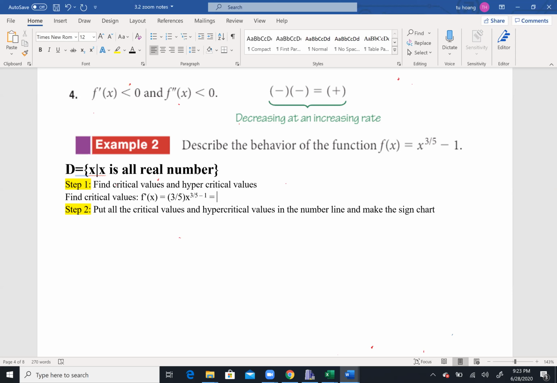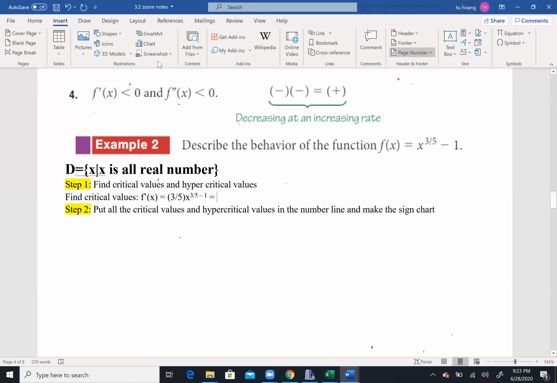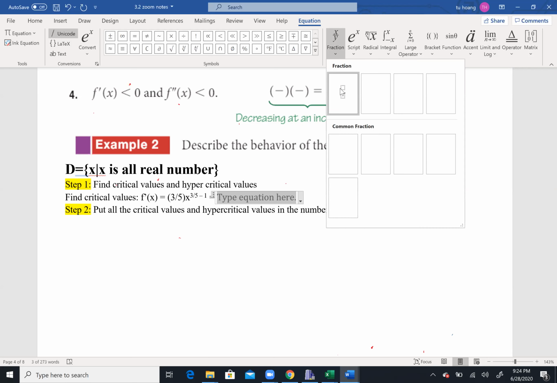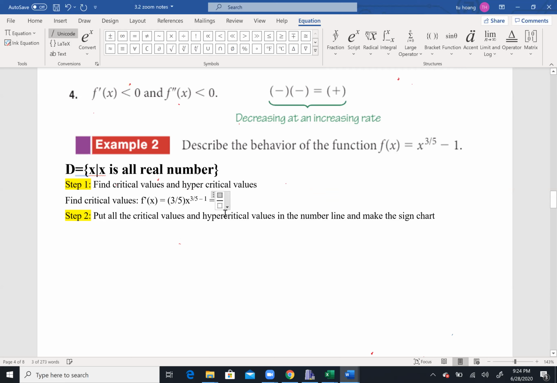So for this, you will have a fraction 3/5 times x to the power 3/5 minus 1.